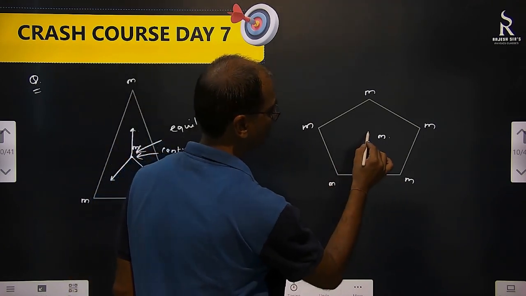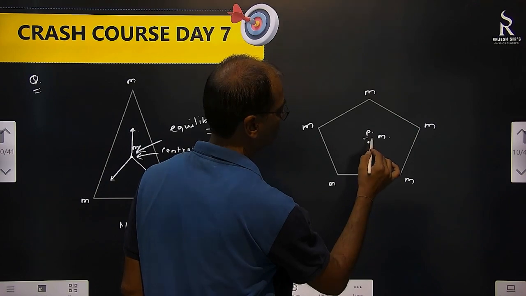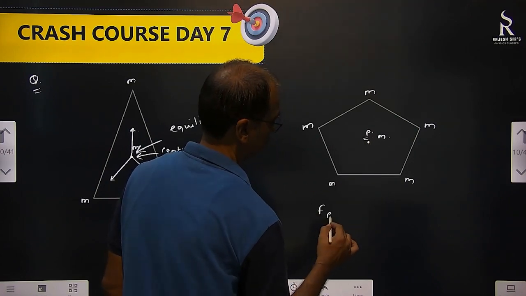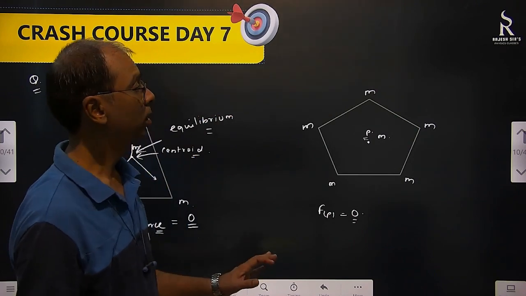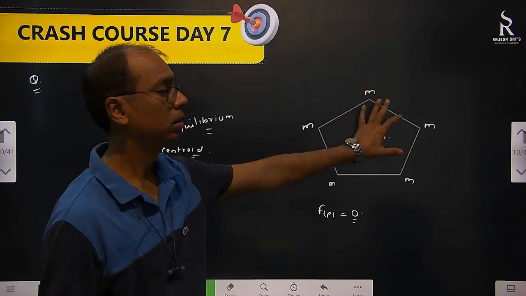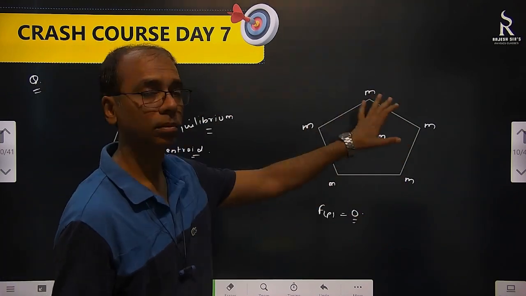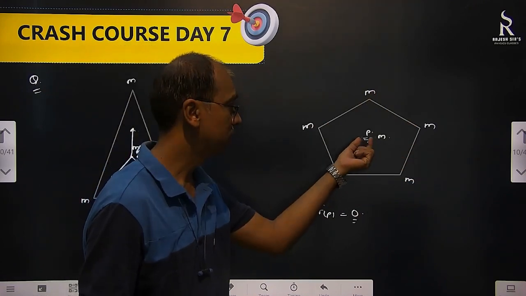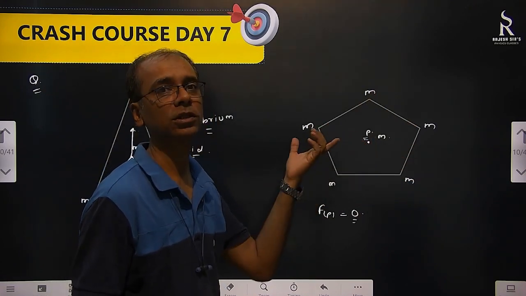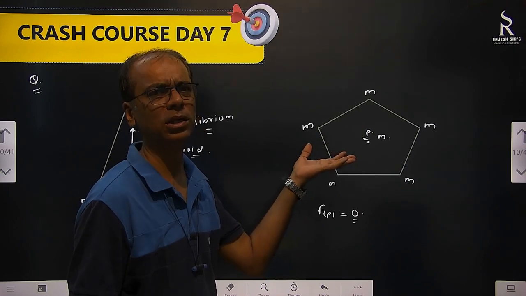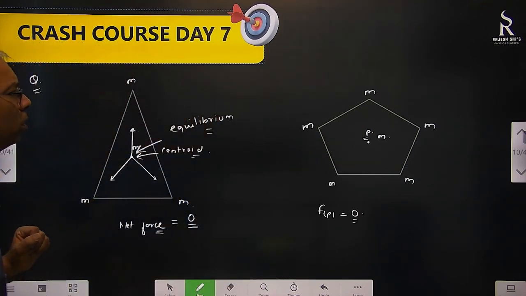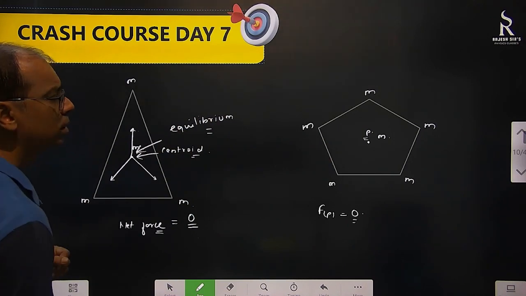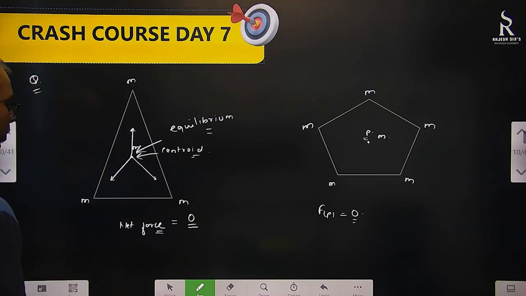Okay. The net force on the particle kept at point P is 0. So remember, for a regular shape, all the masses being the same, and we are keeping another mass at the center, the net force on this is 0. Same in electrostatics also we are going to see. But now, if we twist this question, how are we going to twist it? See.